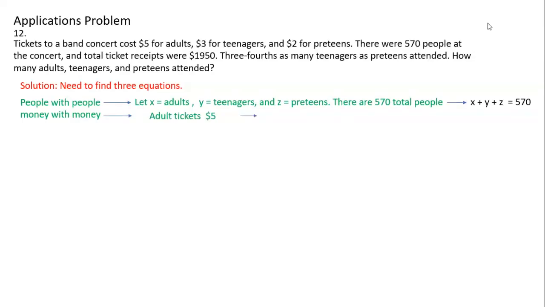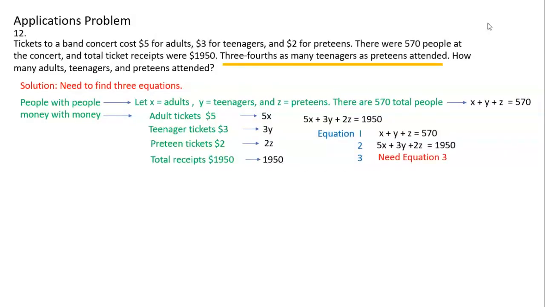Adult tickets are $5, so the revenue is 5 times x. For the teenagers it is $3, so the revenue is 3 times y. For the preteens or kids it is 2 times z. All this has to add up to my total revenue, which is 1,950. When I add this all up to be equal to each other, that is my equation.